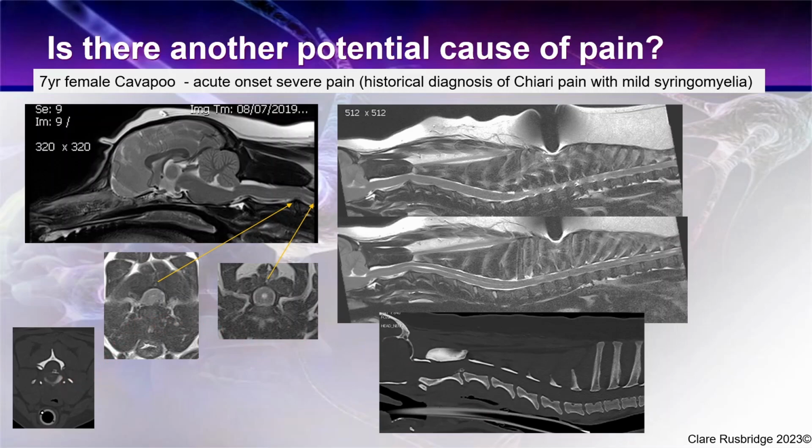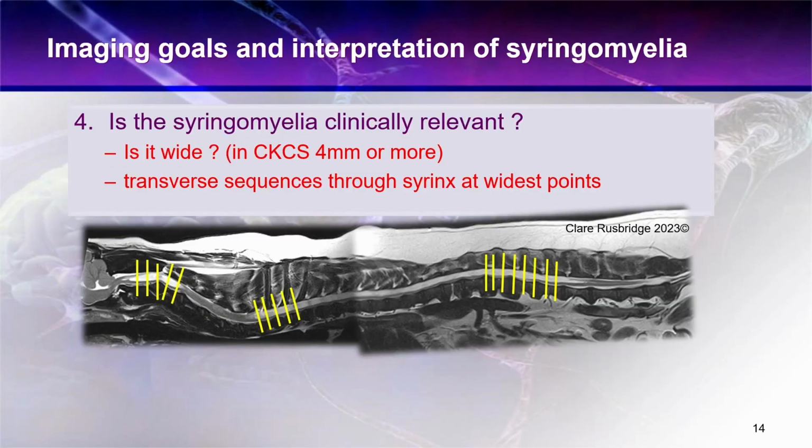So we need to rule out other potential causes of pain, especially if the pain is acute onset and severe, because most dogs with Chiari pain will have a history of pain before that. Of course, this dog did, but this was a very different nature of pain. So we need to establish whether or not the syringomyelia is clinically relevant.